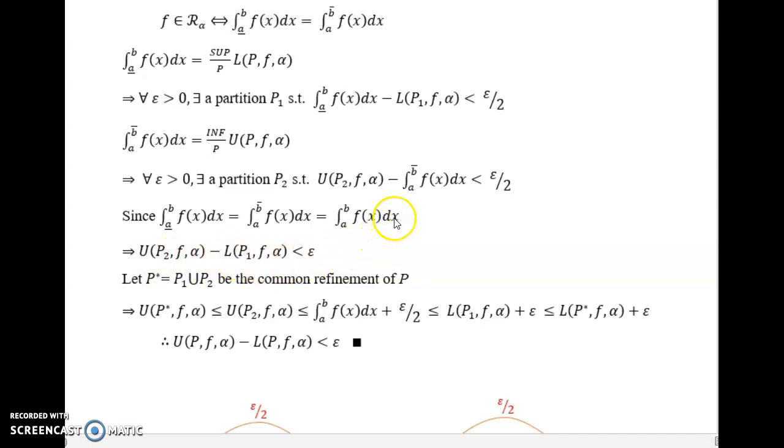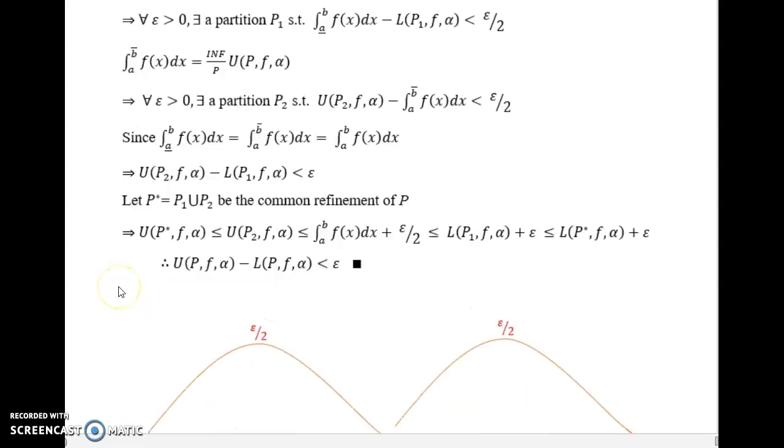So now we're going to let P star be a common refinement of P. And the reason we need to do this is because we still haven't shown what exactly it is we want to prove. So this common refinement P star is going to be the union of P1 and P2.